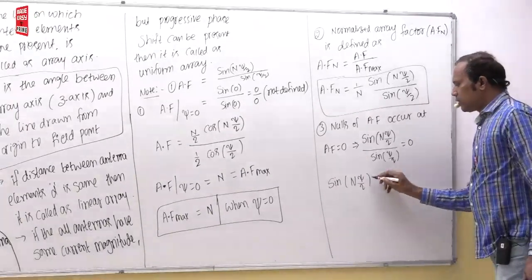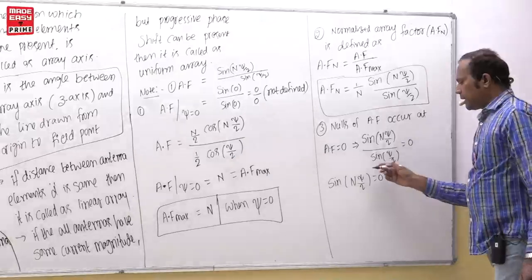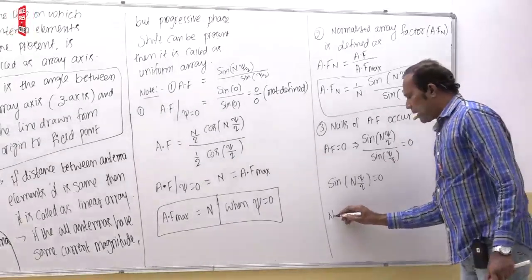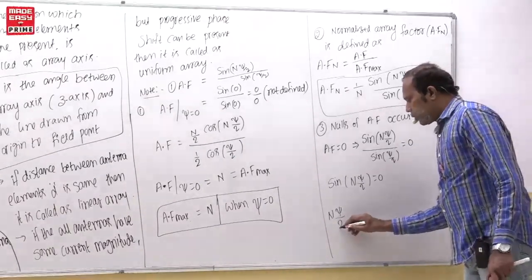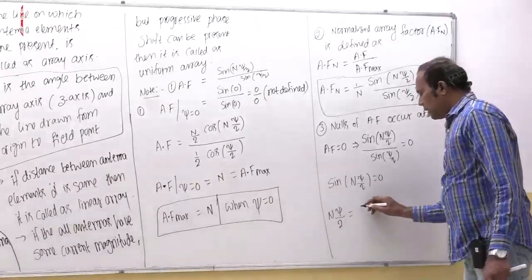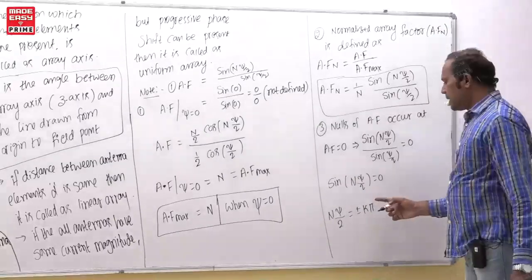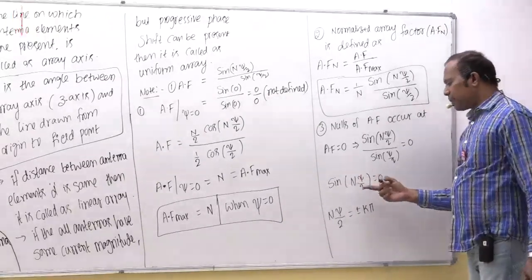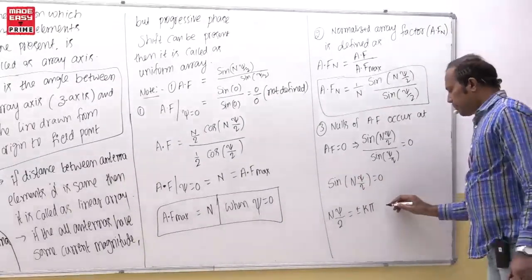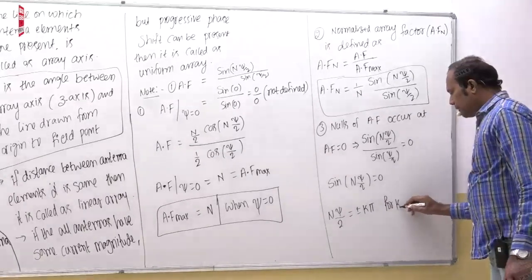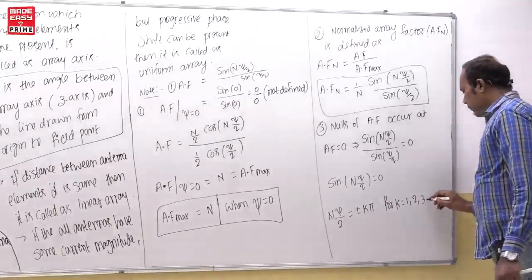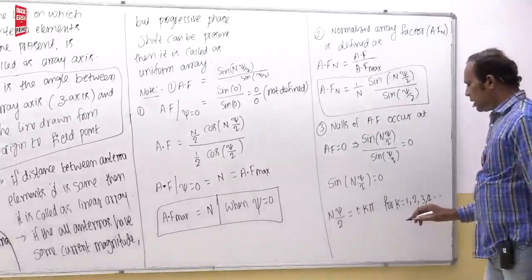So sin n psi by 2 is equal to 0. Dear students, that happens whenever n into psi by 2 is equal to plus or minus k pi. Actually sin is 0 whenever the angle is 0 degrees, pi, etc. But for k you have to substitute 1, 2, 3, 4, and so on.